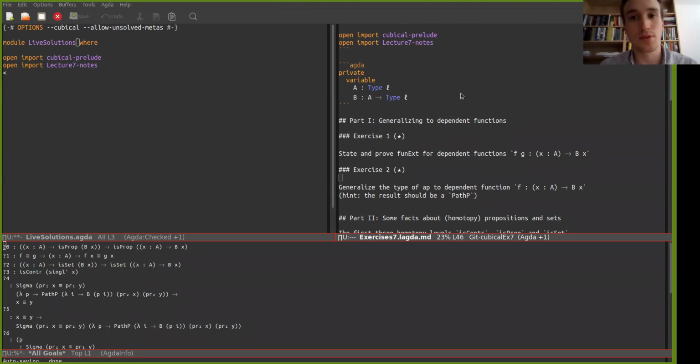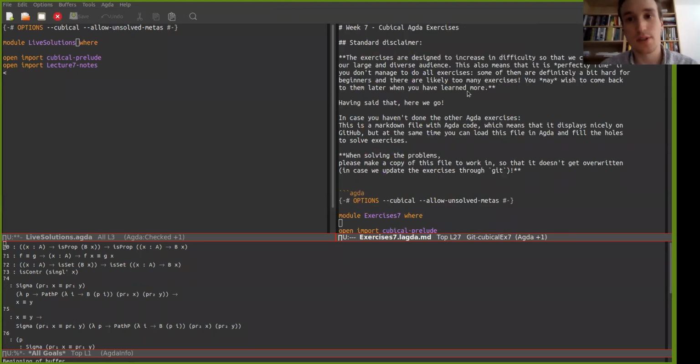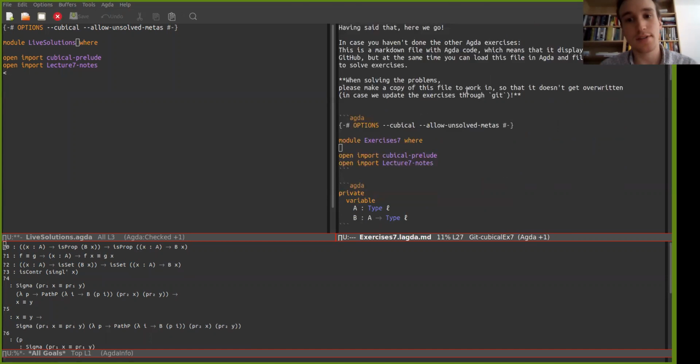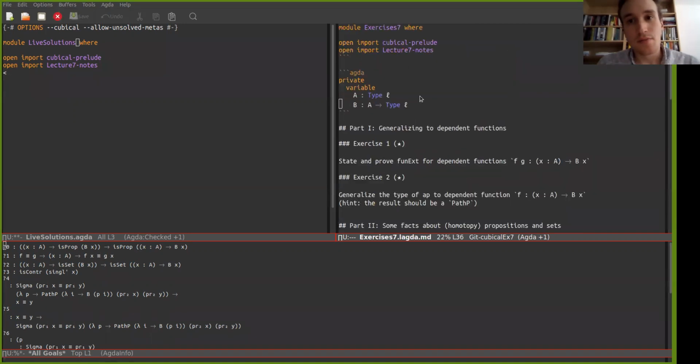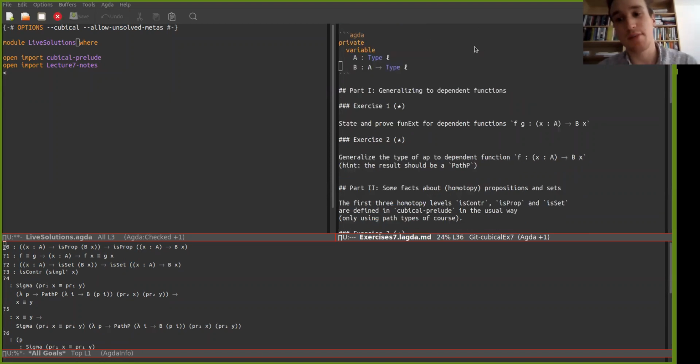Okay, so this is the first Cubical Agda sheet. So yeah, we have a different prelude now, but the notation should be almost the same as what you've seen in Martin's and Dan's lectures. So yeah, let's just get to it.